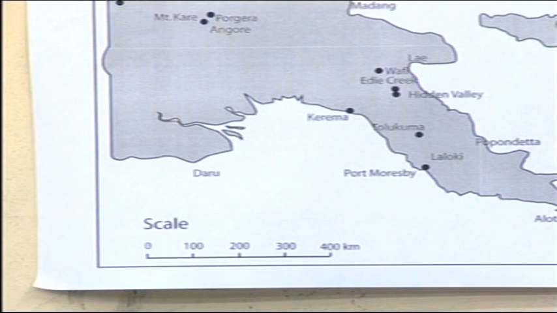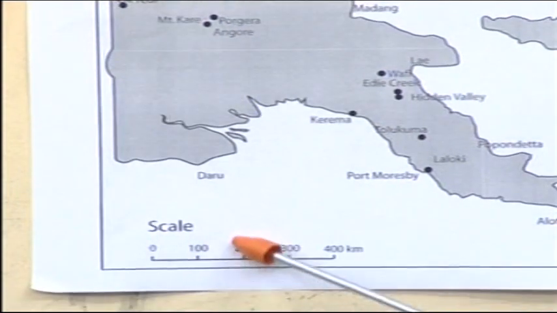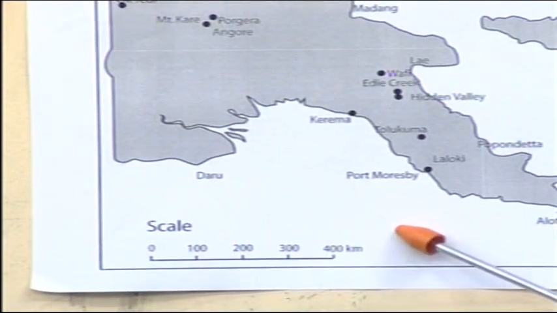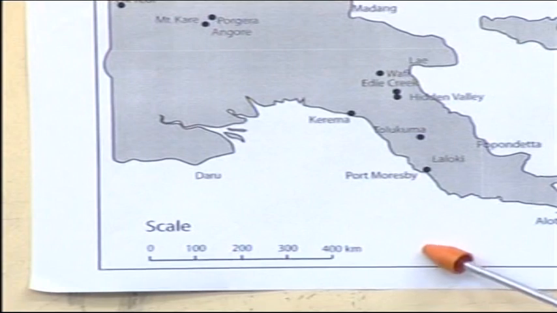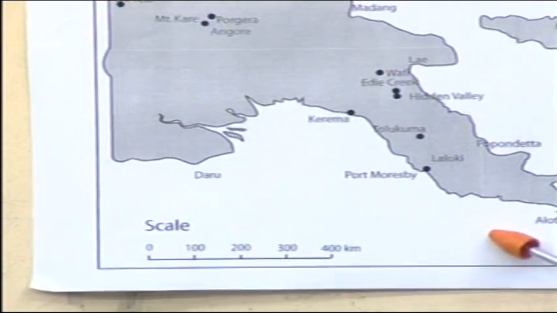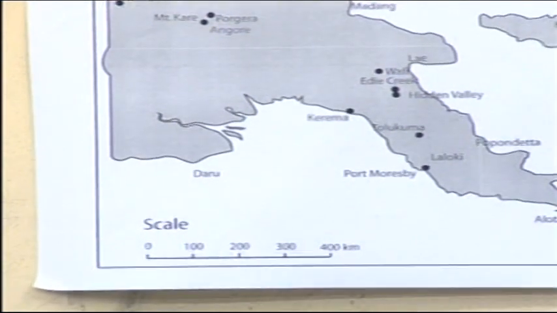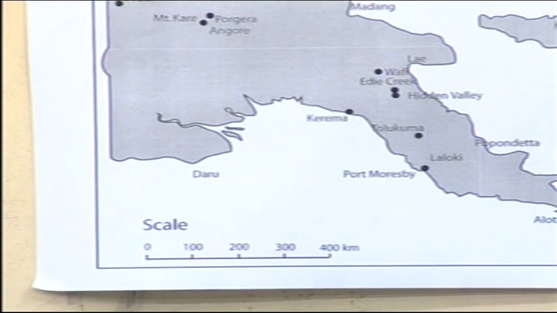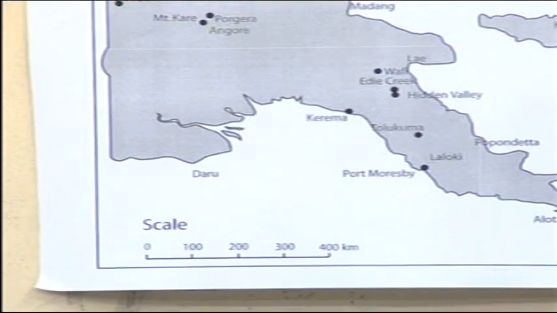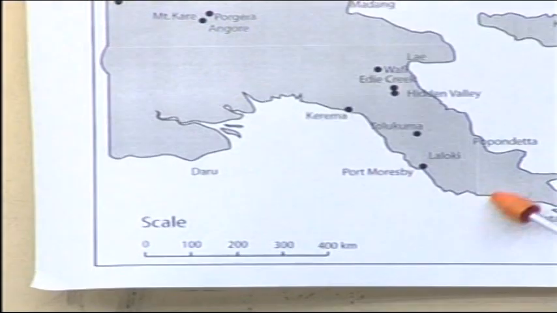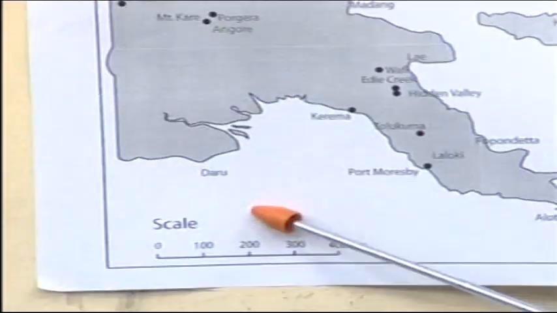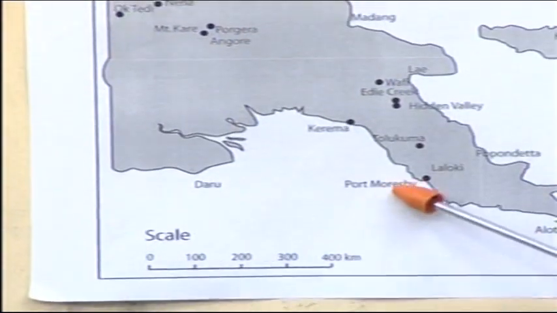Now, who can tell me, this scale here, 1 centimeter represents how many kilometers, receiving students and 7Es? How many kilometers on the ground does 1 centimeter on your map represent?